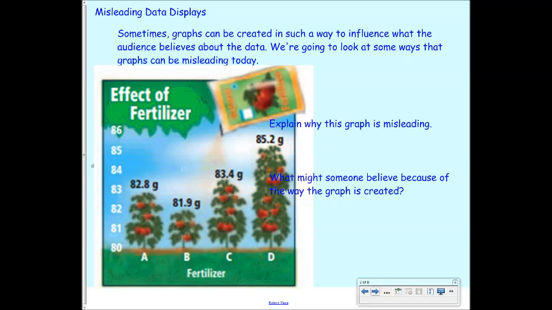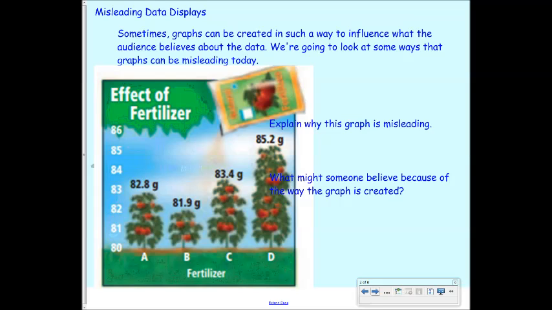So what did they do to make the graph look like that? They made it taller, but it's accurate, right? It's accurate, it's just that, is grams the best way to measure that? No. If you're measuring something like a tomato, you might want to measure it in ounces.